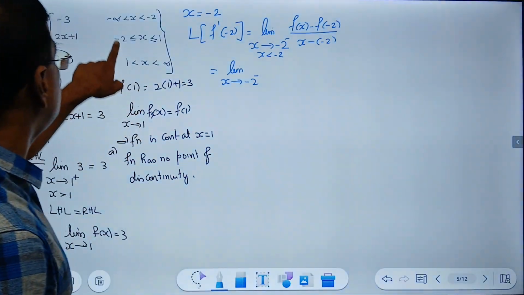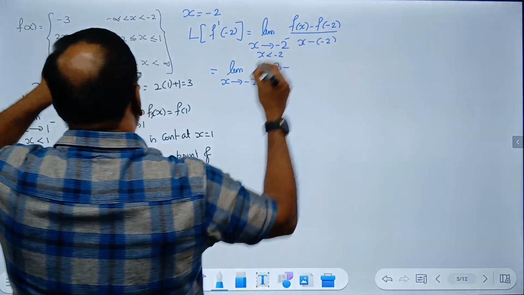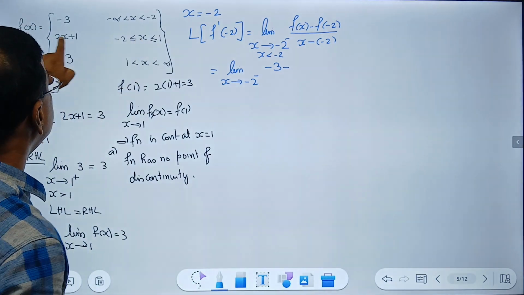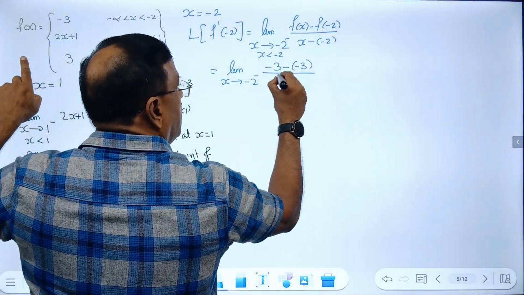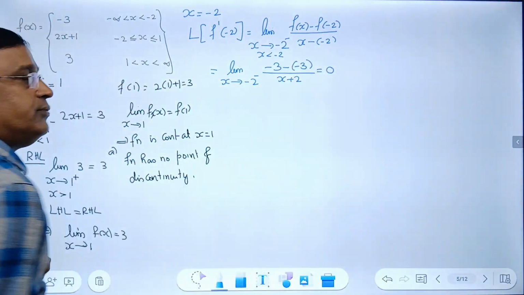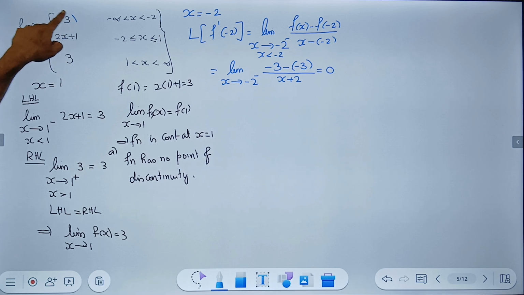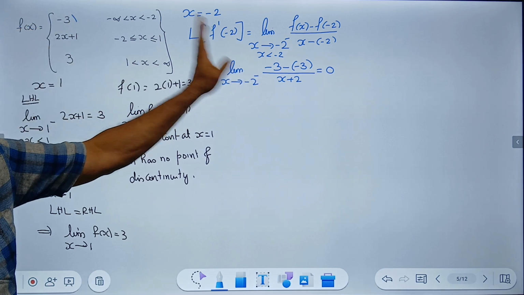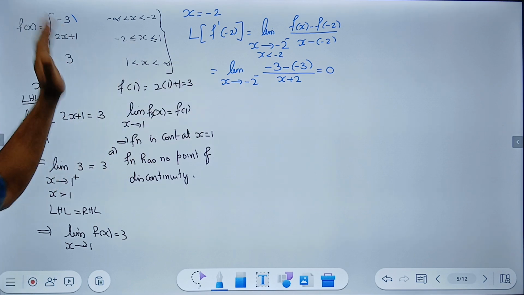Less than -2 means my function is -3 and my f of -2 will be -3, divided by x plus 2. Obviously, my left hand derivative is 0. You can even verify. So what is differentiation of -3? It is 0. So I got the same answer. If it is a 1 mark question, you don't have to do all this. You can just do directly.